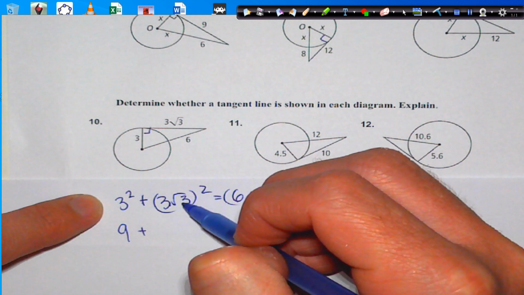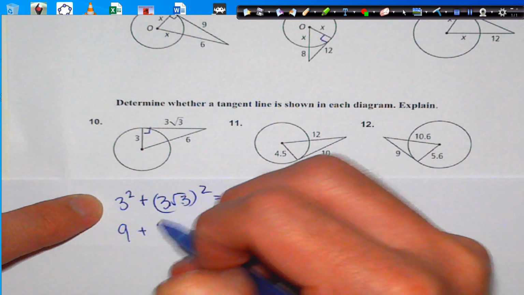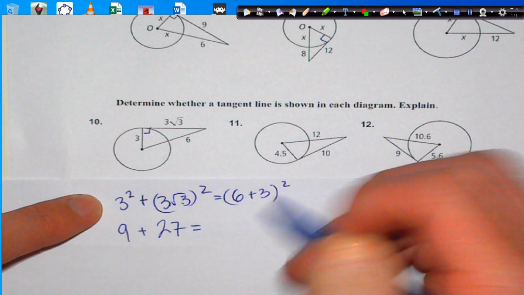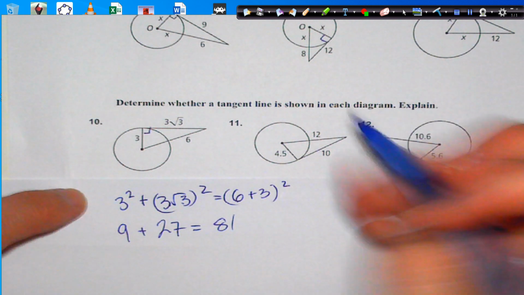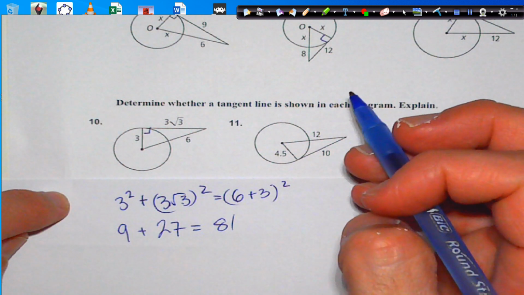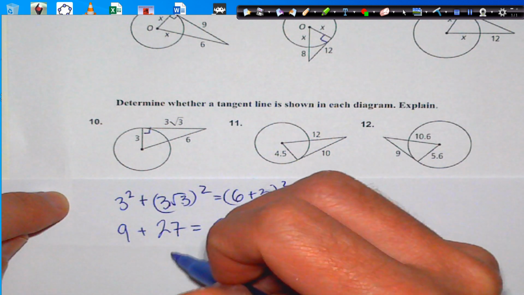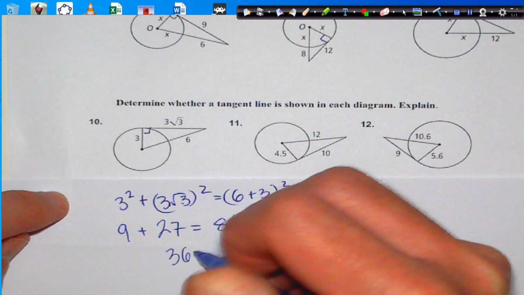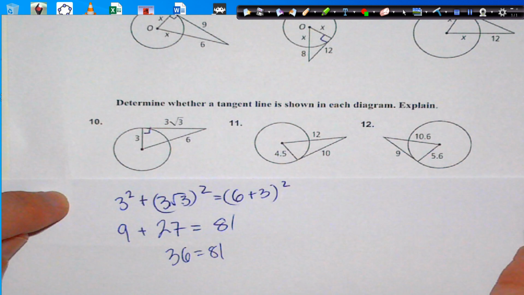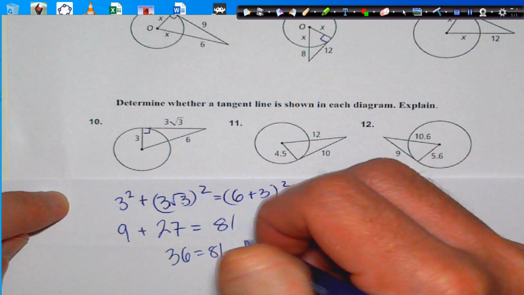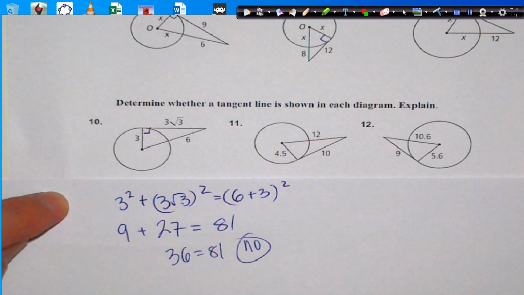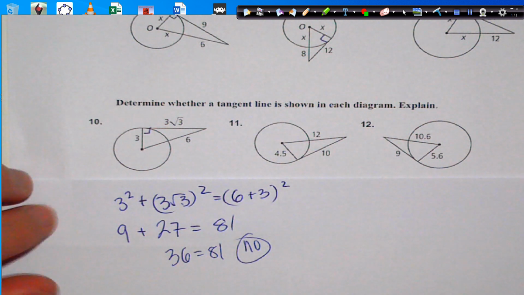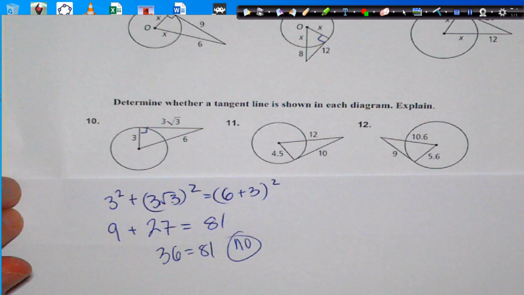Rather, 3 squared is 3. 3 times 9 is 27. And then 9 squared is 81. Okay? And does this work out? No. Sorry. Not tangent.